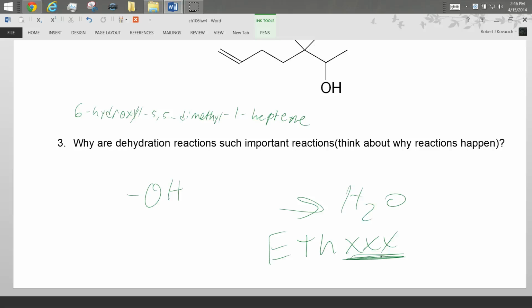But the eth is important because it's really easy for nature to make 2-carbon chains with functional groups on them. Once you get the 2-carbon chain with a functional group on it, then I can start attaching stuff. If I've got something here and it's reactive, I can put it onto something else that's also reactive, and I can just keep making connections. So really, it's because it's cheap, because the reaction's spontaneous, and it's easy for nature to make those things.